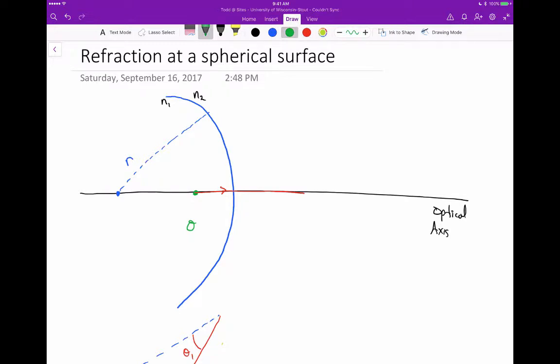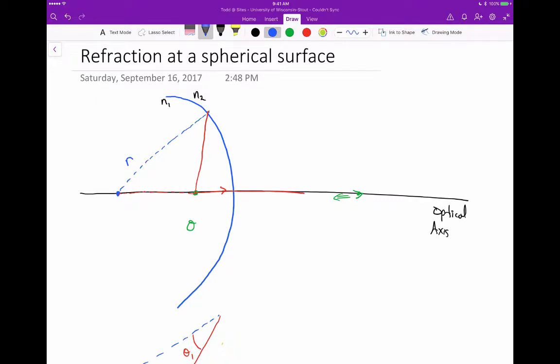In other words, if we were to be looking with an eye down that way, it looks like that light ray is coming along the center line. And that's going to be important in terms of locating our image. Now, take another ray from our object point, and I'm going to shoot it up here to where I've drawn the radius.